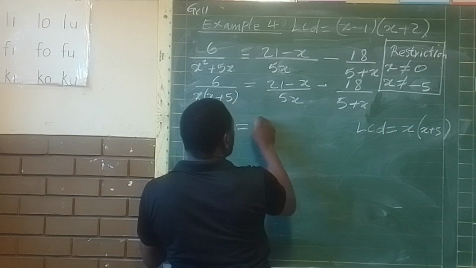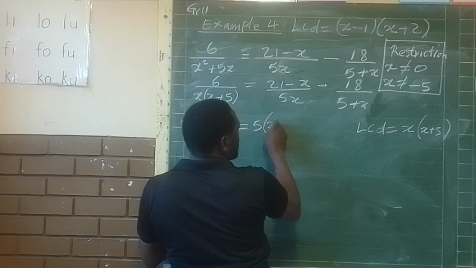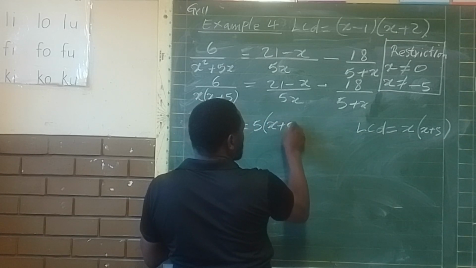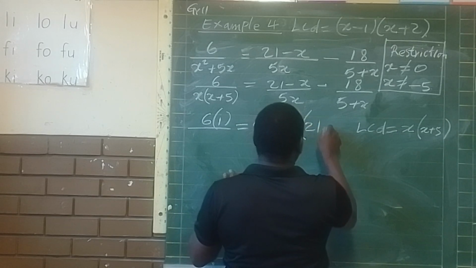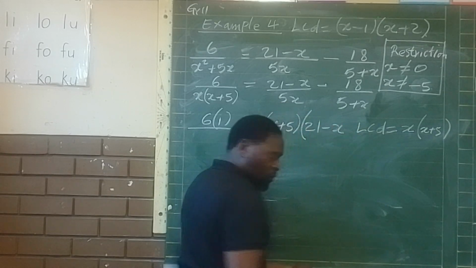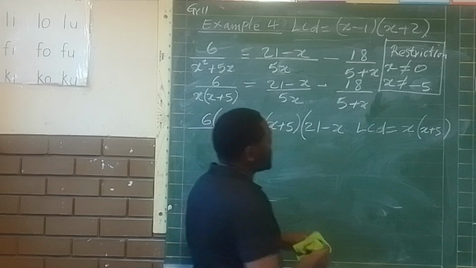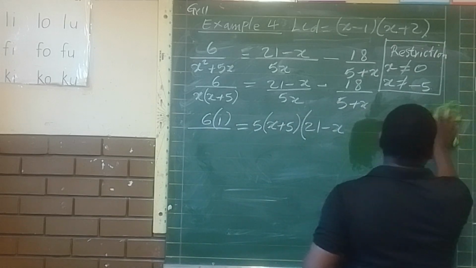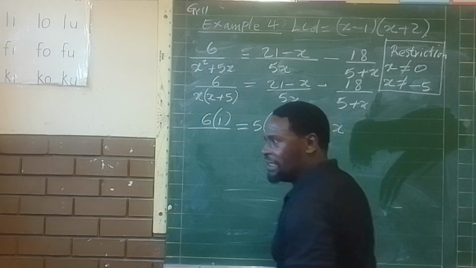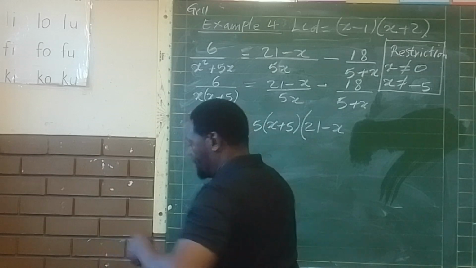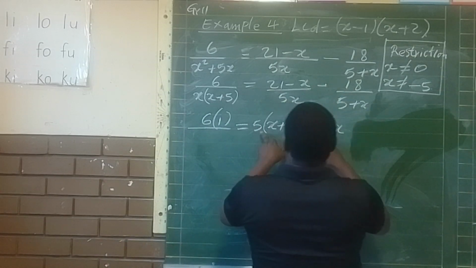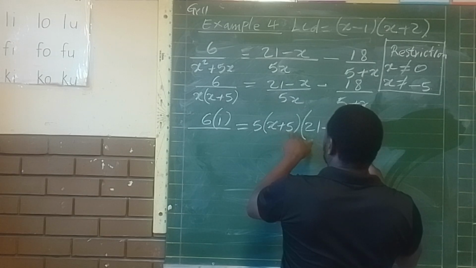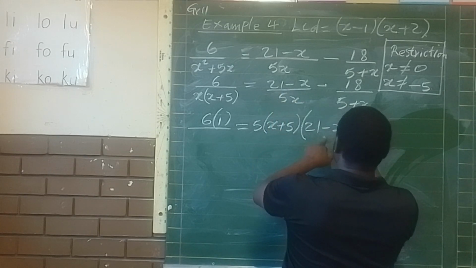You will be left with 5 times x plus 5 multiplied by 21 minus x. I'm going to take out our LCD for the space sake. We know that our LCD is x and x plus 5. So we were here. It's 5 times x plus 5 multiplied by 21 minus x.